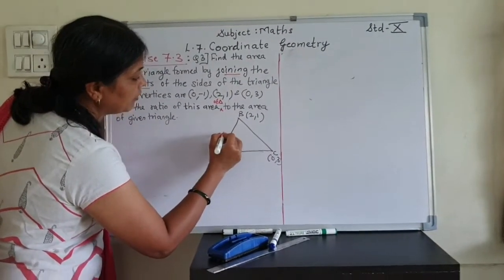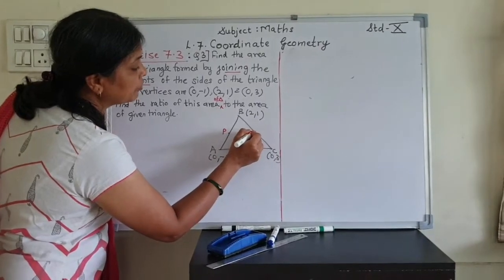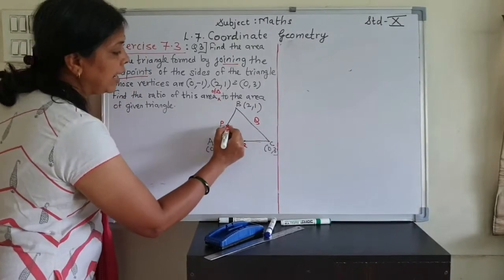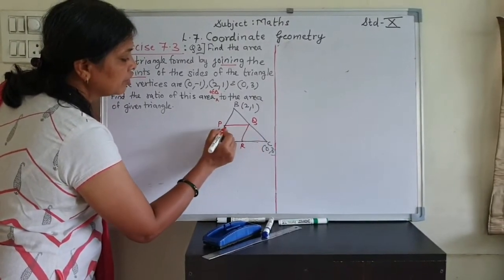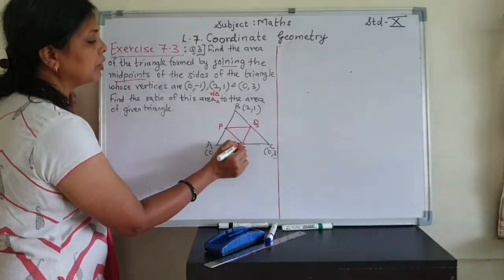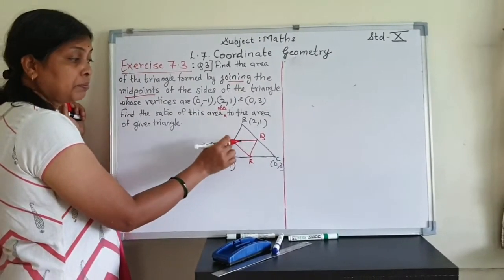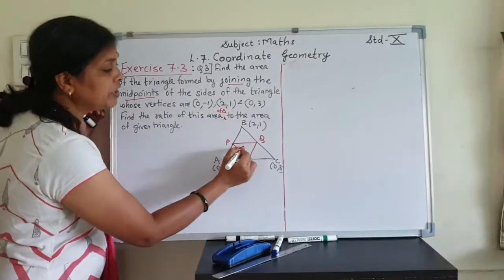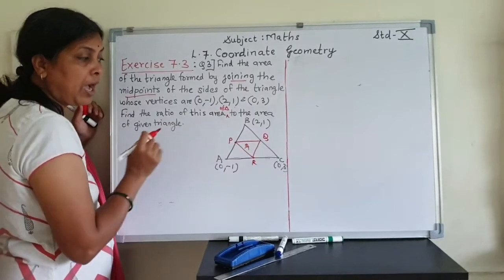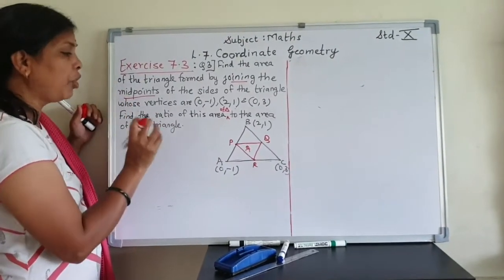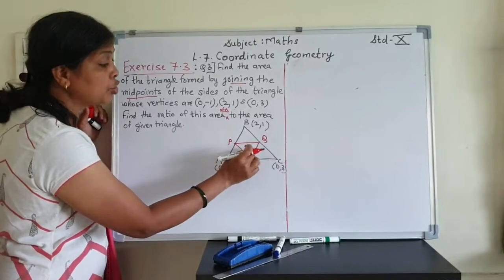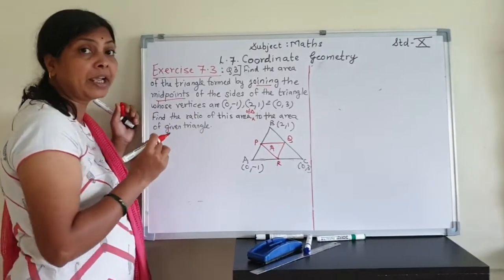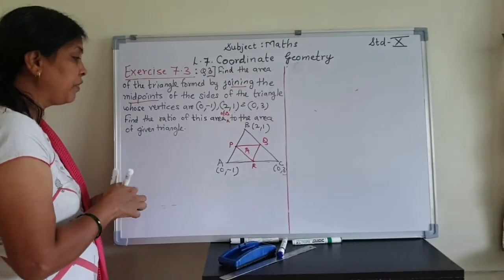So AB's midpoint we will take as P, BC's midpoint we will take as Q and AC's midpoint we will take as R. And then by joining these midpoints, the triangle PQR is formed. What they have asked us is to find the area of this triangle PQR, as well as the ratio of the area of this triangle and the area of the outer triangle ABC. So two things we have to find in this sum.